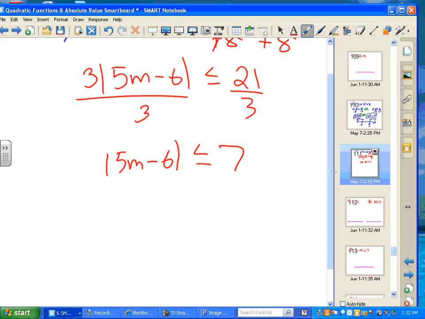Now, this is a less than problem. So what does the next step look like? Someone besides Will. What does the next step look like? Gigi? Good. This is an and. So what do we put on the other side? Remember, usually when we have ands, they're all together.